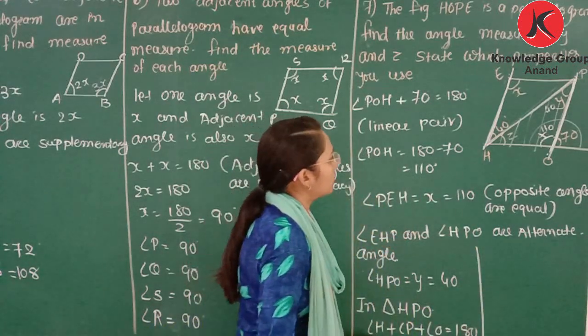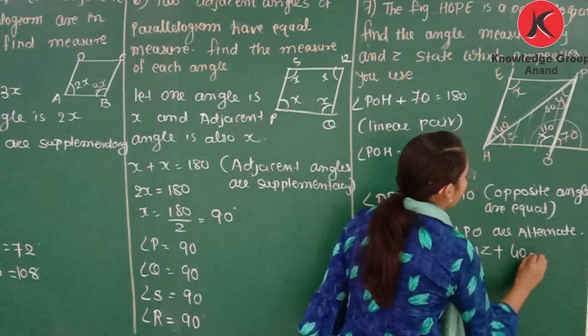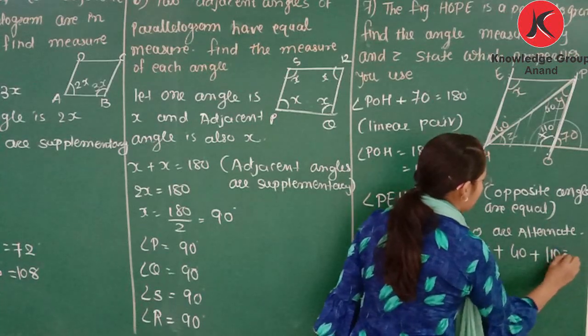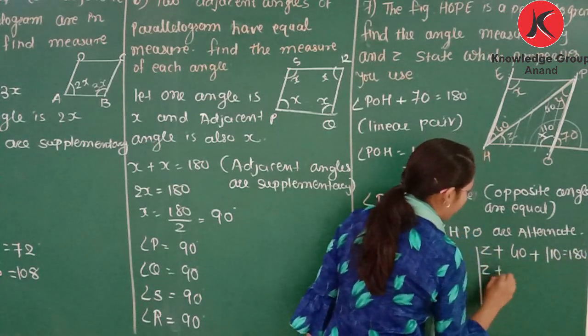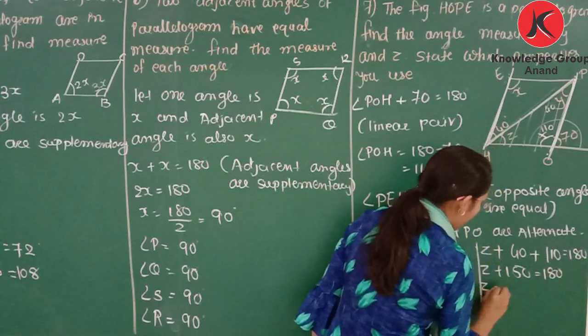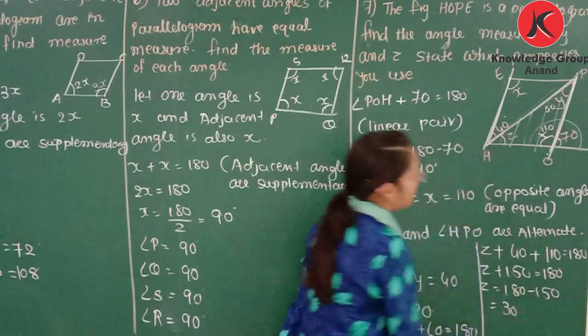Angle H, that is Z, Y we found 40, and this angle O is 110, is equal to 180. So Z plus 150 is 180. So Z is equal to 180 minus 150, 30.